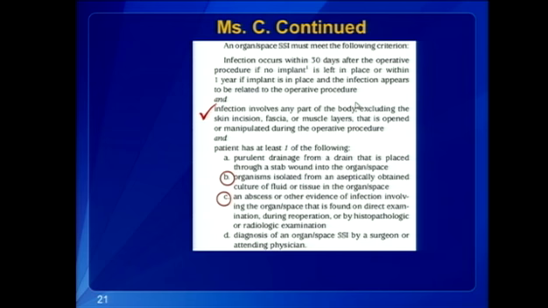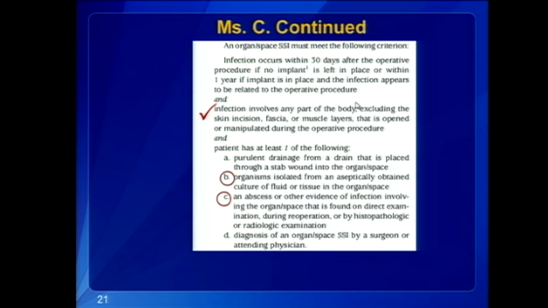As you can see here, the patient meets the organ space criteria within 30 days after the procedure, and because there was no implant, and actually I'm just realizing this is an old shot from the manual. I need to update that. But the patient, because we no longer have the 30 days with implant rule, the infection involves any part of the body, excluding the skin, fascia, or muscle layers.